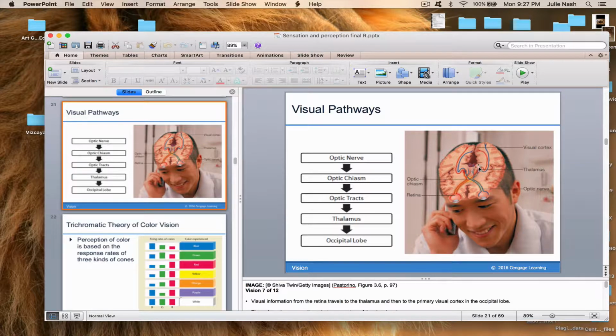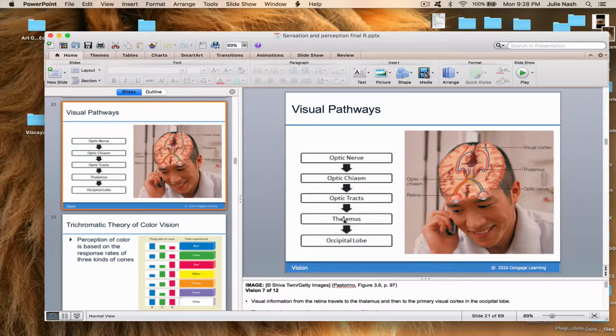Okay, so you've got your thalamus here, and then the final destination is the occipital lobe back here. Okay, so it goes to the optic nerve, back of the eye, to the optic chiasm, right here. It follows the optic tracts to the thalamus, and then goes to the occipital lobe.